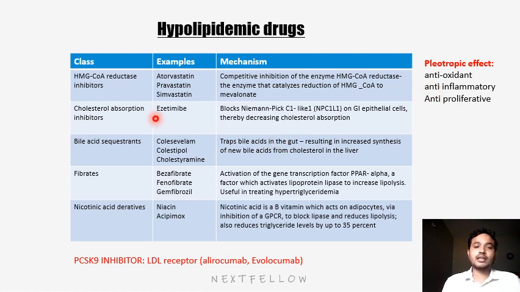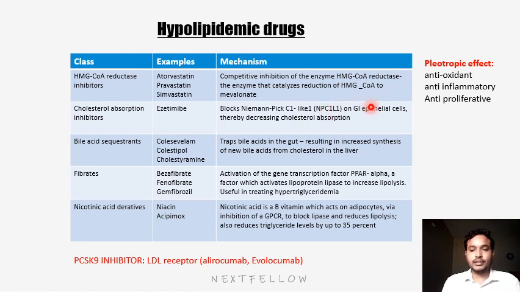Next is cholesterol absorption inhibitors. By the name itself, these drugs inhibit cholesterol absorption. Cholesterol is needed for energy and some hormone synthesis. These drugs inhibit one protein, that is Niemann-Pick C1-like 1, NPC1L1.